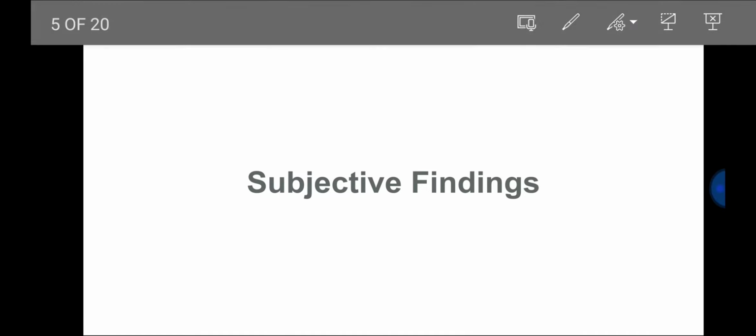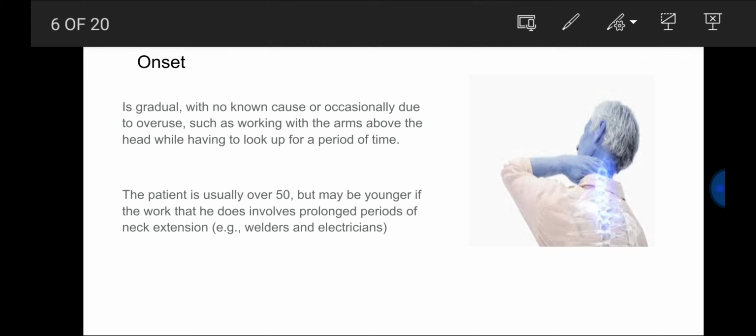Subjective findings. What are the subjective findings? Onset. Onset of cervical no radiculopathy pain is gradual with no cause, occasionally due to overuse, such as working with the arm above the head and looking up for a period of time. The patient is usually over 50, but the younger generation may also be affected, because I have seen some very young patients.